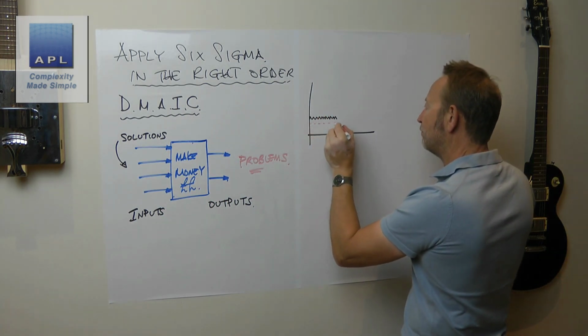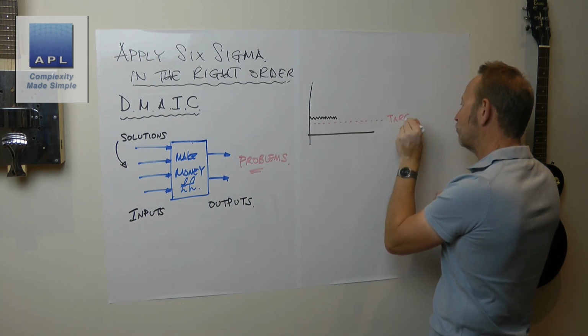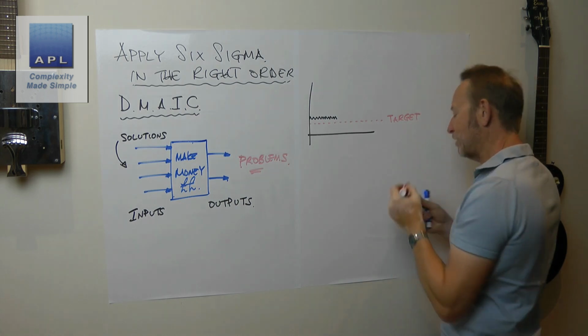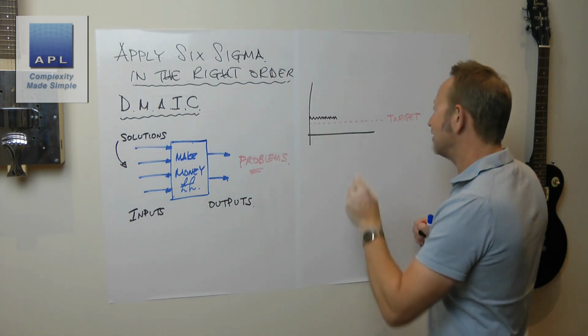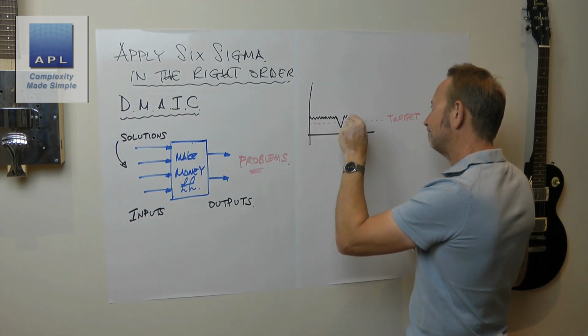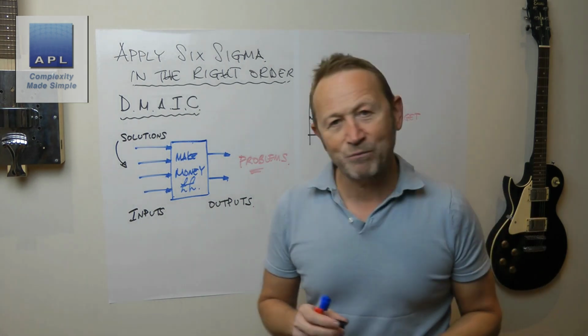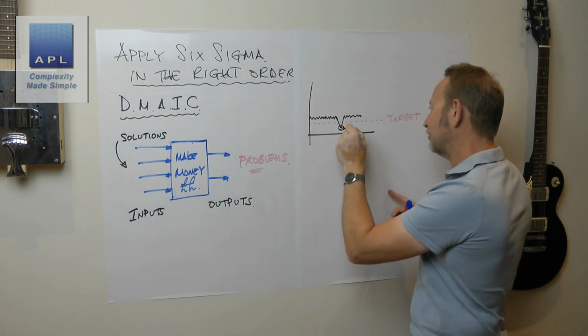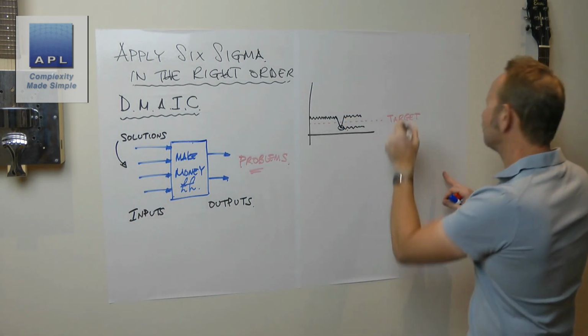You want to be above this target. No problem at all, okay? So that's where you're trying to be. You're constantly above that target. Everything's great with your process. And then you get a problem, or you get a problem like this. In other words, the average shifts.